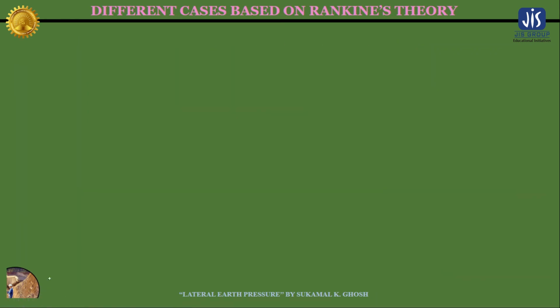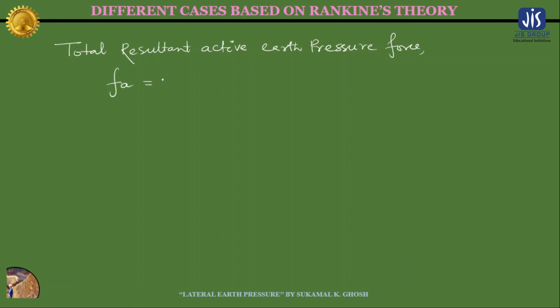So what will be the value of total resultant active earth pressure force? Total resultant active earth pressure force will be Fa is equal to Fa1 plus Fa2 plus Fa3.